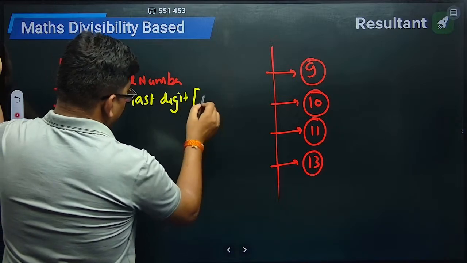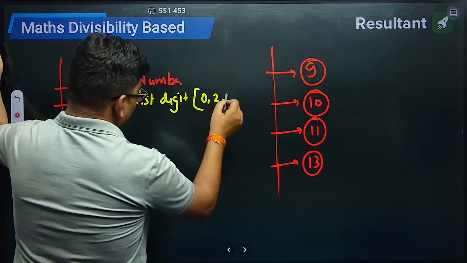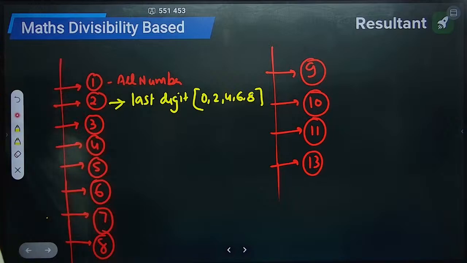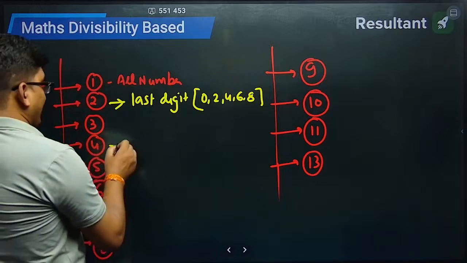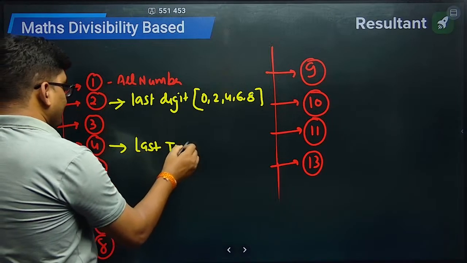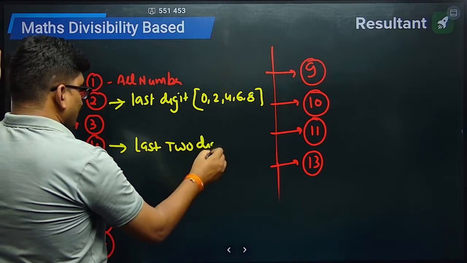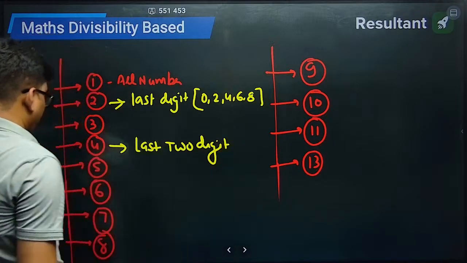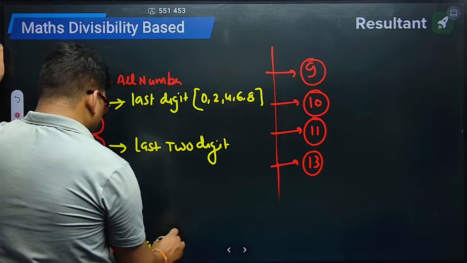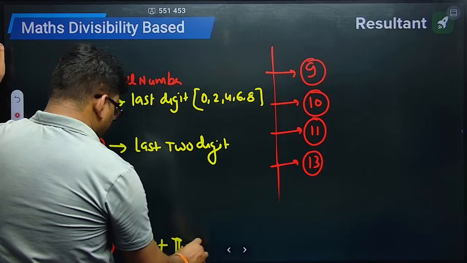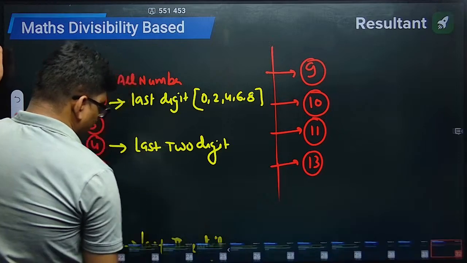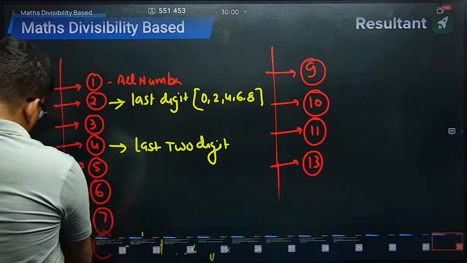The last digit can be 0, 2, 4, 6, 8 only. Next, divisibility of 4 depends on the last 2 digits, and divisibility of 8 depends on the last 3 digits, correct?